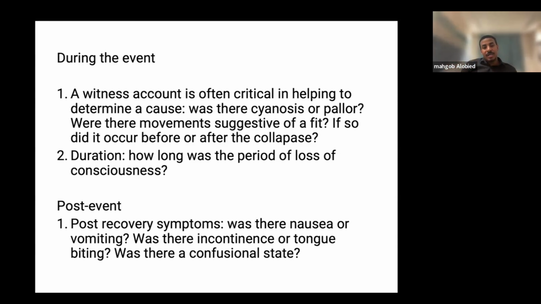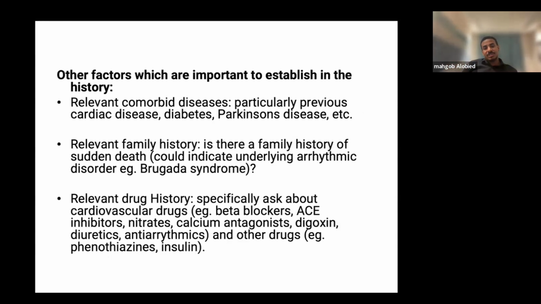Then you will carry on further by asking more questions for the rest of the history, like if there are any comorbids, cardiac problem, diabetes, Parkinson disease, any family history like sudden cardiac death, arrhythmias, any relevant drug history. There are many drugs that can cause orthostatic syncope, like beta blockers, calcium channel blockers, and all the blockers.